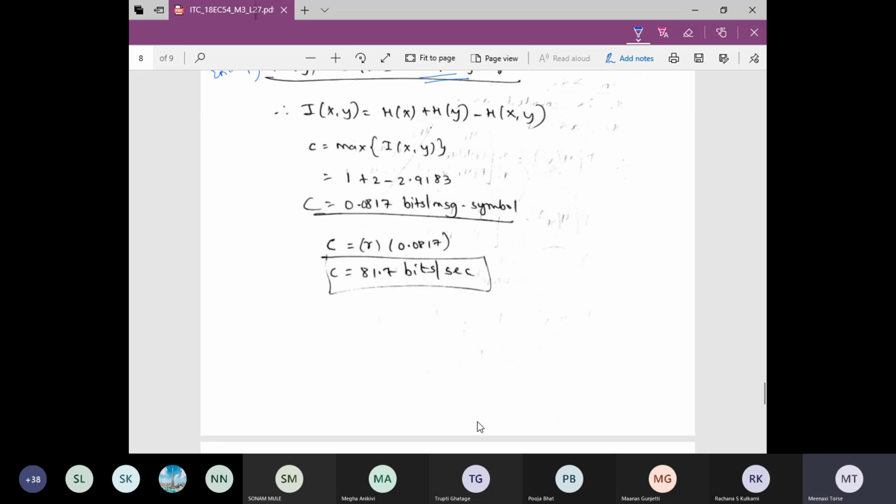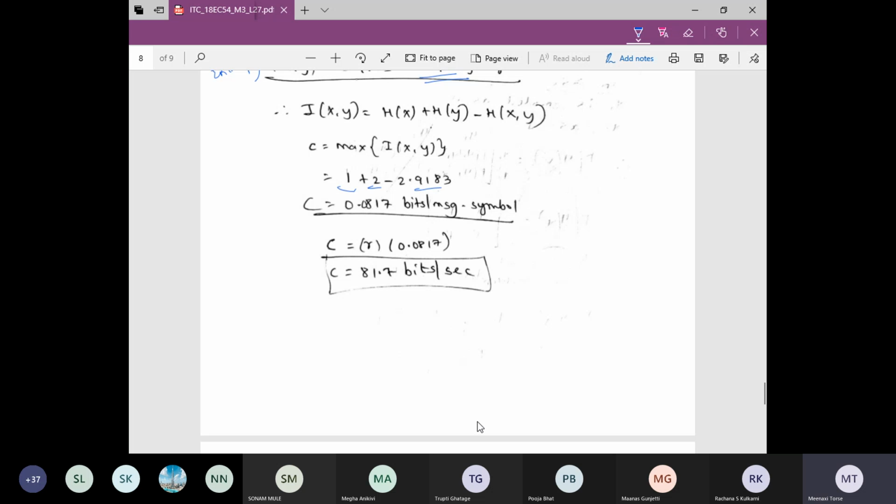The mutual information I of x comma y is given by H of x plus H of y minus H of x comma y. H of x is 1, H of y is 2, and H of x comma y is 2.9183. Therefore, the channel capacity is 0.0817 bits per symbol.